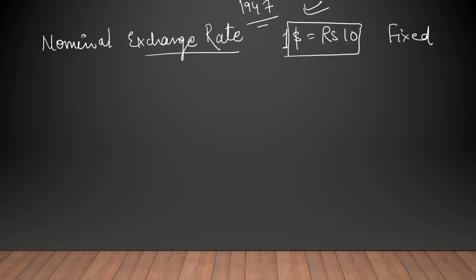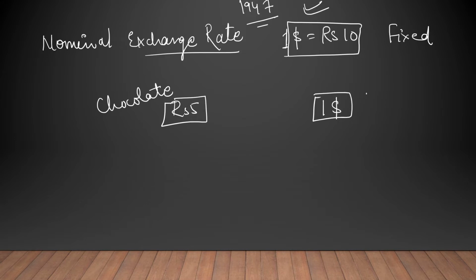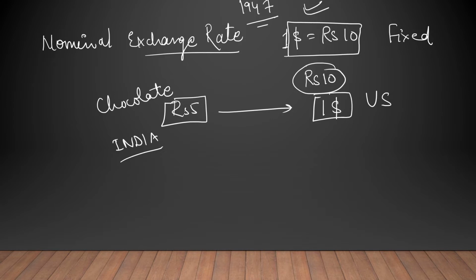Let us say we have a chocolate that costs rupees 5 in India and $1 in the USA. Then the direction of trade would be from India to the US, because after exchanging their $1 they will get rupees 10 and they will get two chocolates from India. But if they buy it in the USA, with $1 they can purchase only one chocolate. Due to the price difference, the trade would be from India to the USA.